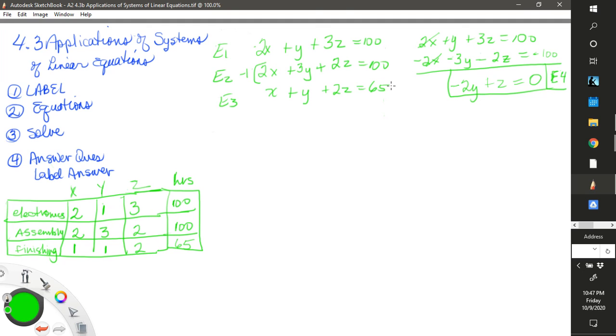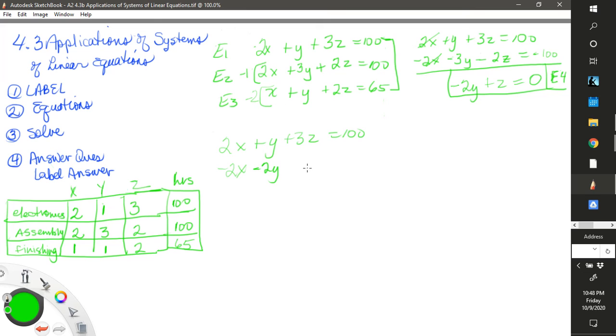Now let's come back and pair up E1 with E3. We get 2x plus y plus 3z equals 100. We'll take E3 and multiply it by a negative 2, to make x our variable that cancels. Negative 2x. Negative 2 times y is a negative 2y.